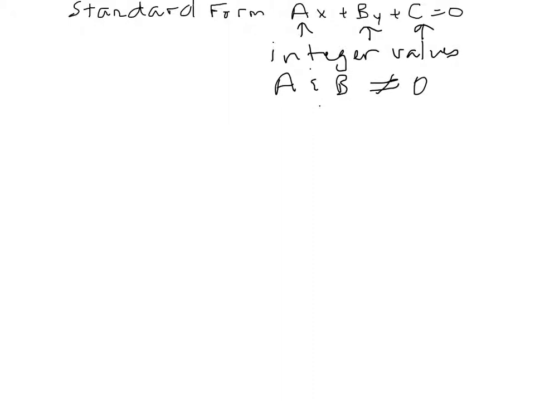If we have that, we know we can change it around into y equals mx plus b form, or the slope-intercept form. Now, if we arrange that into the slope-intercept form, we know that we can get our slope and our y-intercept from that, which becomes helpful.